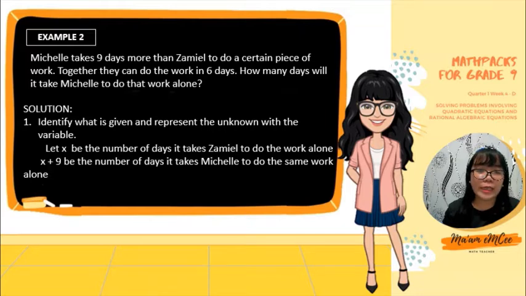So we let x be the number of days it takes Zamiel to do the work alone. Then x plus 9 is the number of days it takes Michelle to do the same work alone, because it was stated that Michelle takes 9 days more than Zamiel to do a certain piece of work. So if x is Zamiel, we need to add 9 in order to get the number of days it takes Michelle to do the same work alone.